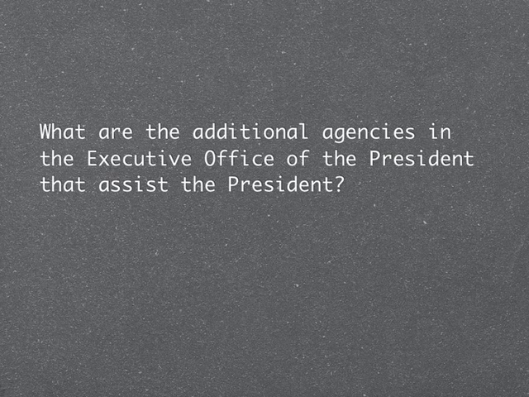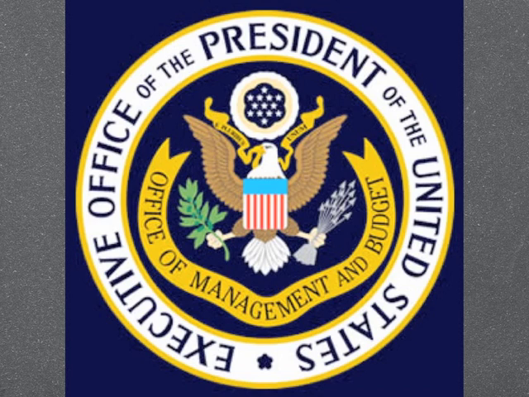What are the additional agencies in the Executive Office of the President that assist the President? The Office of Management and Budget's major task is the preparation of the federal budget, which the President must submit to Congress.